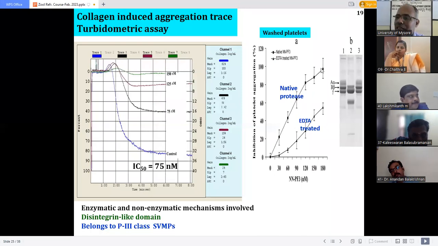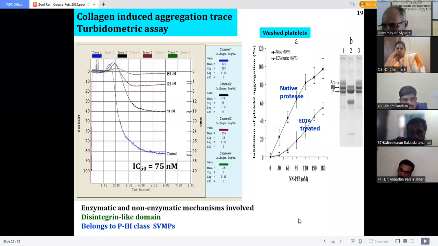And this is the native protease. Native protease is inhibiting the aggregation. Thus, both EDTA treated as well as native protease inhibit platelet aggregation. So that indicates clearly that our enzyme inhibits platelet aggregation through two mechanisms. One is enzymatic mechanism as well as non-enzymatic mechanism.